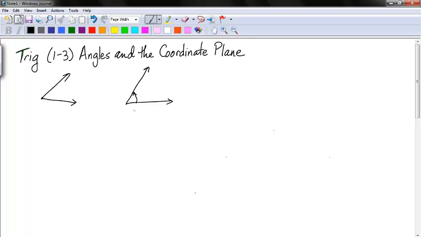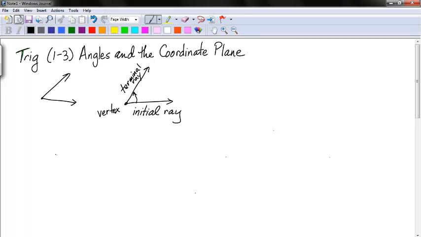Okay, so this one has a special name. It's called the initial ray, and where it stops, that is the terminal ray. And where it's connected together, that point is the vertex.